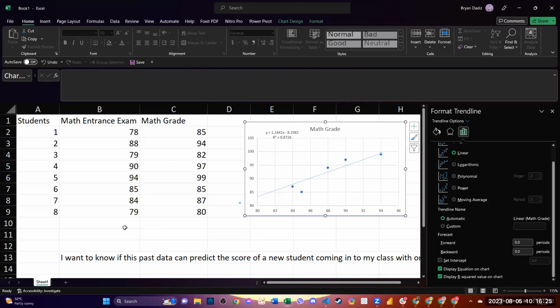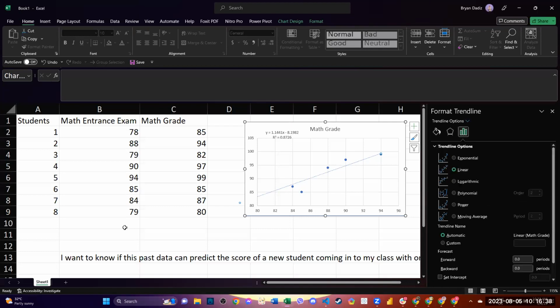So in simple saying, if I'm going to predict your grade coming from your math entrance exam, I have 87% confidence that my prediction is right, and I have 12% error most of the time on my predictions.